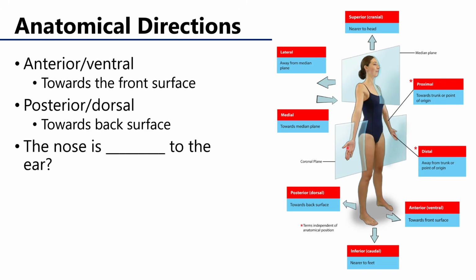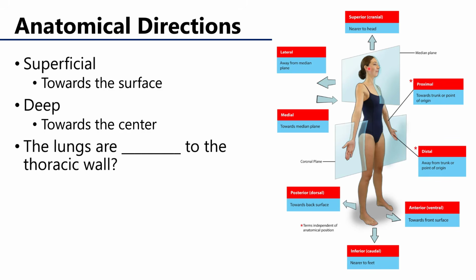To apply this, we can think of the nose being what relative to the ear? The nose is anterior to the ear. And inversely, the ear is posterior to the nose. Good, let's move on.